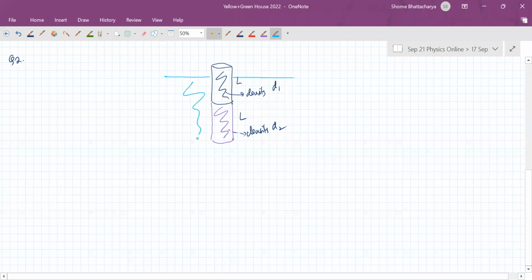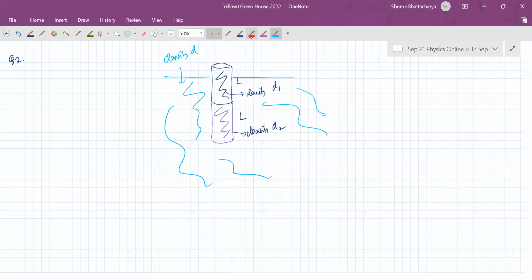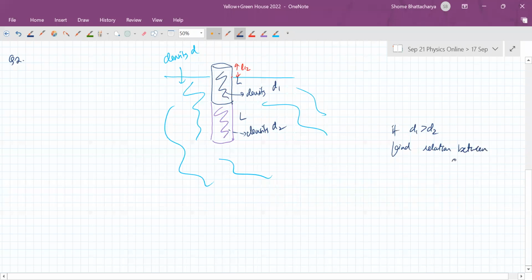So the combination floats like this in a liquid of density D such that this length above the liquid is L by 2, this part of the length. Okay. So if D1 is greater than D2, then find the relation between D1, D2 and D. Basically, that's what we have to do. From that, we have to match the options.